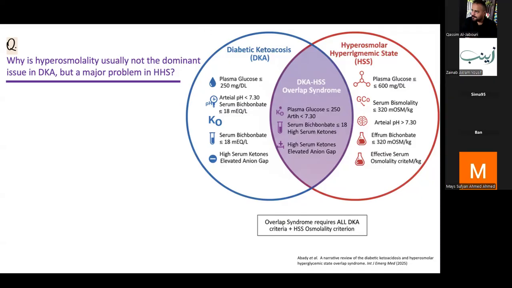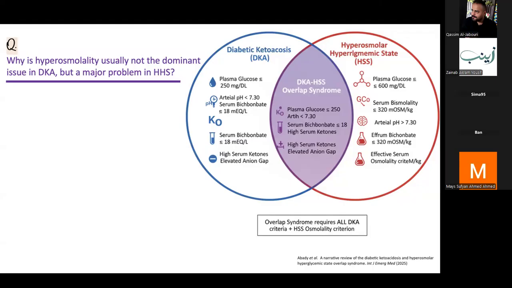We have an answer from Dr. Ahmed. He thinks it is because of the very high level of glucose in HHS. Yes. Any other causes? Okay, another question, please.